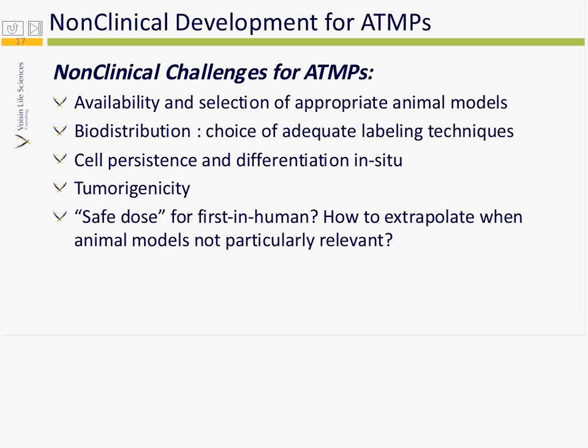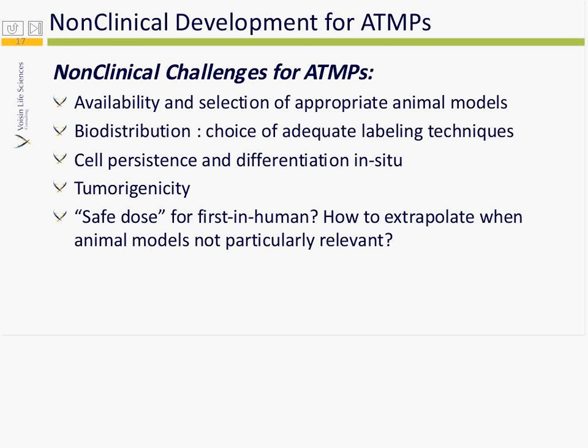Now, slide. Just on quickly to the non-clinical development. There are a number of specific challenges related to cell-based products in the non-clinical area, particularly selection and availability of appropriate animal models.